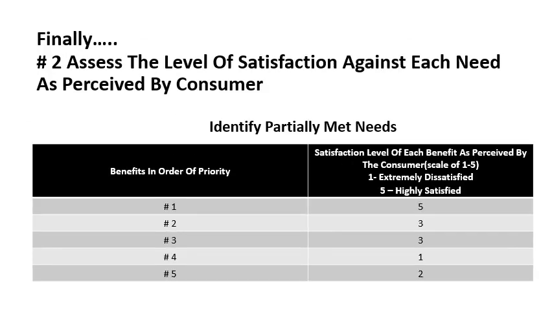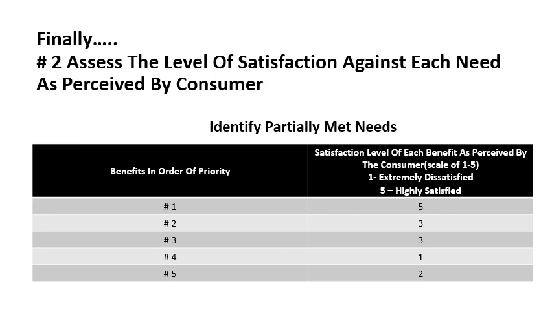Similarly, you also need to ask your consumer or your customer their satisfaction levels on each need, because that will help you classify which needs are important but fully met, and which needs may be important but not fully met. So you will be able to understand the partially met needs.